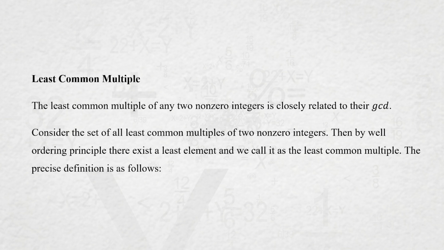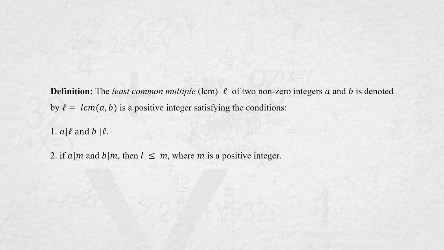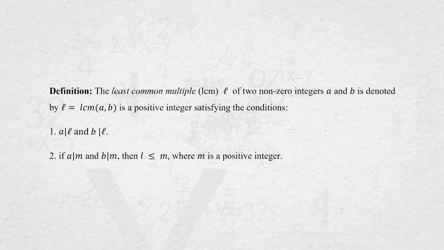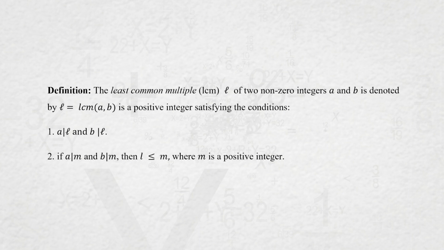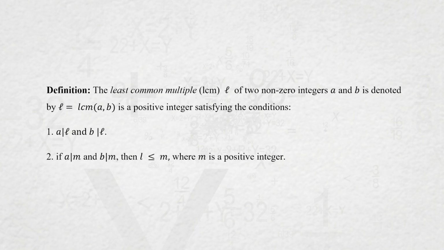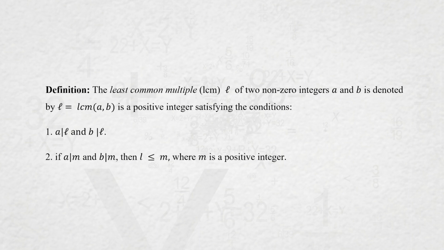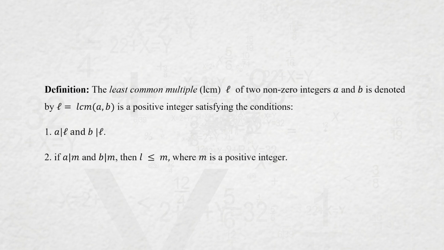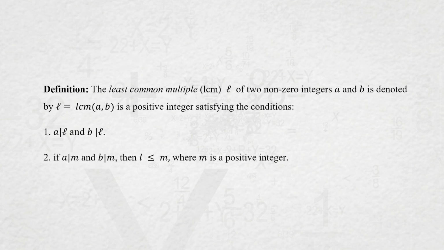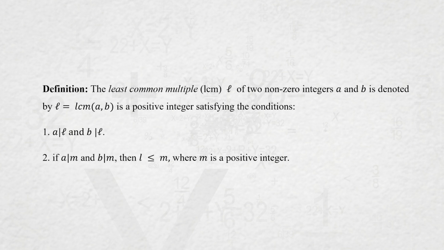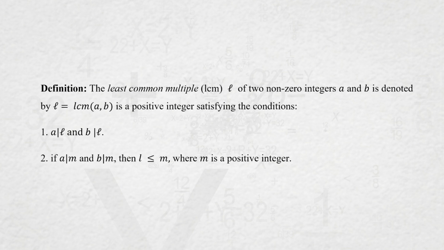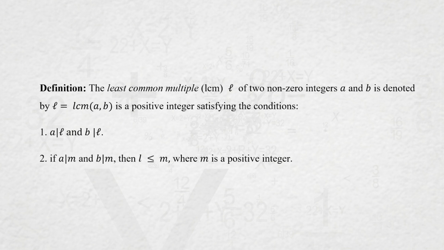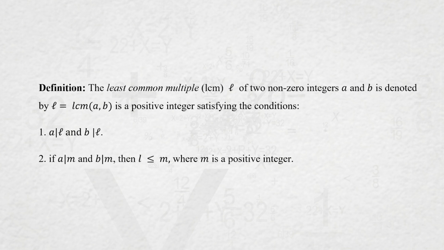The precise definition is the least common multiple, LCM. We are denoting that by L here. L of two non-zero integers a and b, denoted by L is equal to LCM of a and b, is a positive integer satisfying the condition. The first condition is a divides L as well as b divides L, and if a divides m and b divides m, then L should be less than or equal to m, where m is a positive integer.